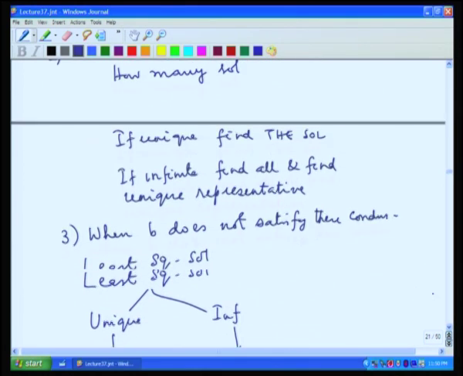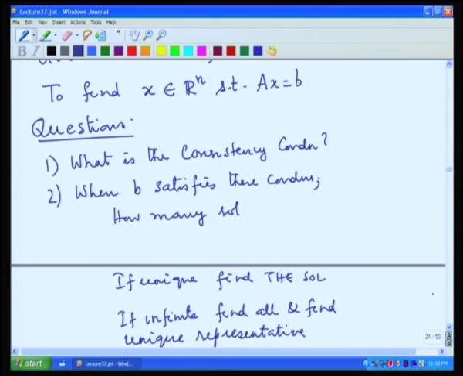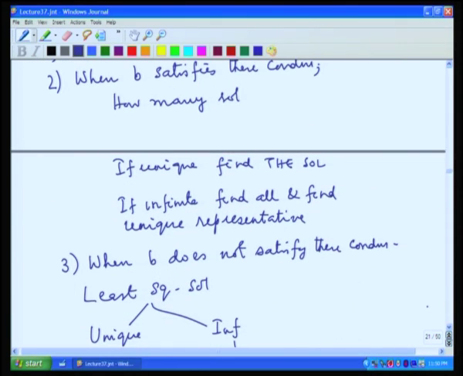Now, these are the fundamental questions that we raised about a system of equations. Consistency condition, if it is satisfied, solution exists, unique, find it, infinite, find all and find a representative. If it does not satisfy, then you can do what is meant by least square solutions. Then is it unique, is it infinite? If it is unique, find it. If it is infinite, then find all of them, and among them how do we choose a core solution or a representative solution. These are all the fundamental questions. Now, we shall see how to use the basis that we have chosen in order to analyze all these questions and get satisfactory answers. This will be our next topic.